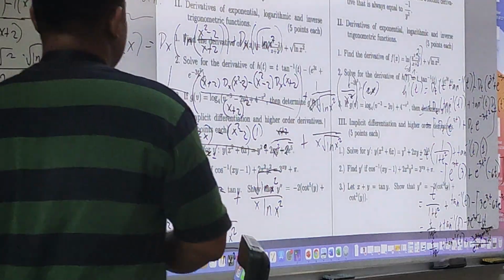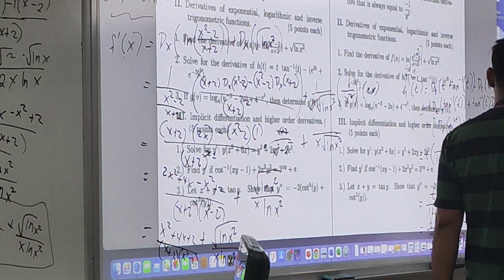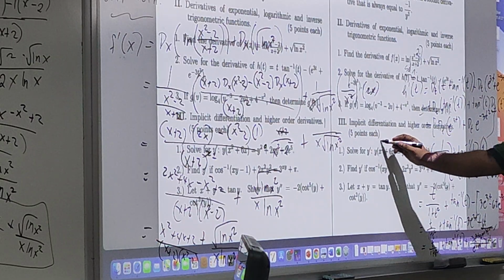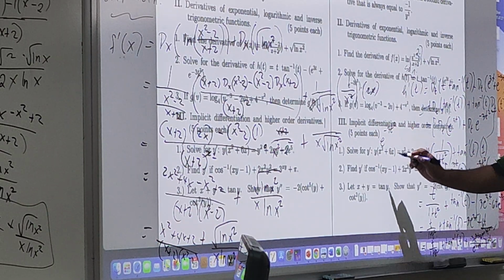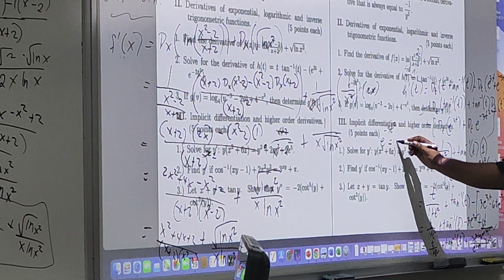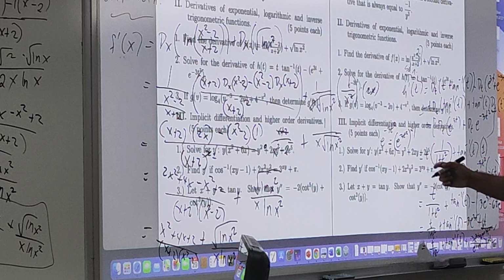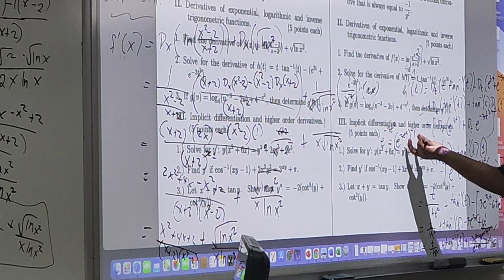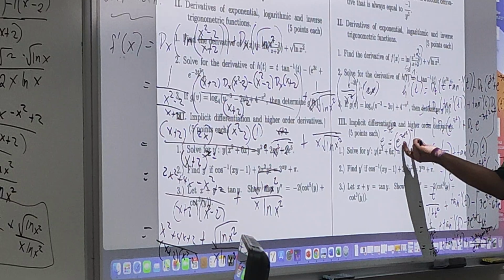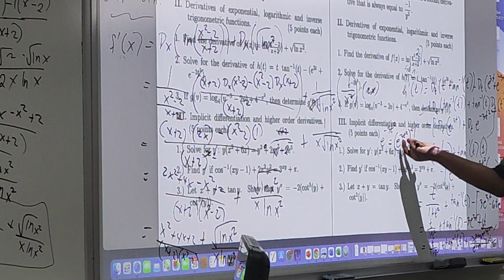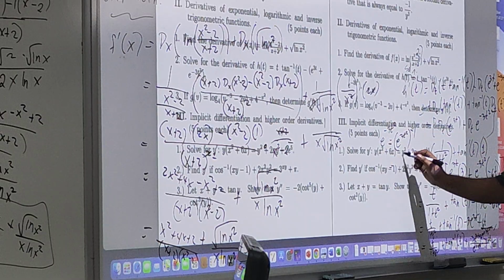So pwede ko rin ang last part, no? Take note, your e to the negative 3t squared is also the same as e to the 3t squared raised to negative 1. Power rule of exponents, algebra. So it's just multiplying their corresponding exponents.